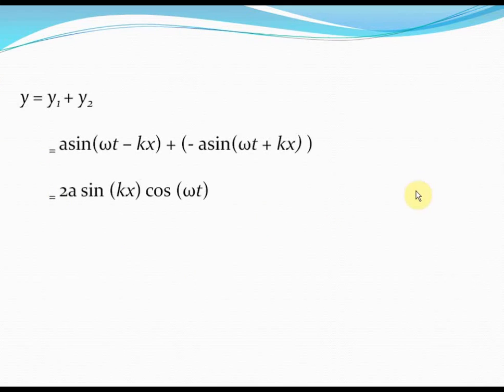If you look at this equation carefully, you will see that this equation is simply of the form A cos omega t. That isn't very clear from first glance, but what if you assume that 2A sin kx was the amplitude of this resultant wave and cos omega t was the equation of the wave? It is of the form A cos omega t.